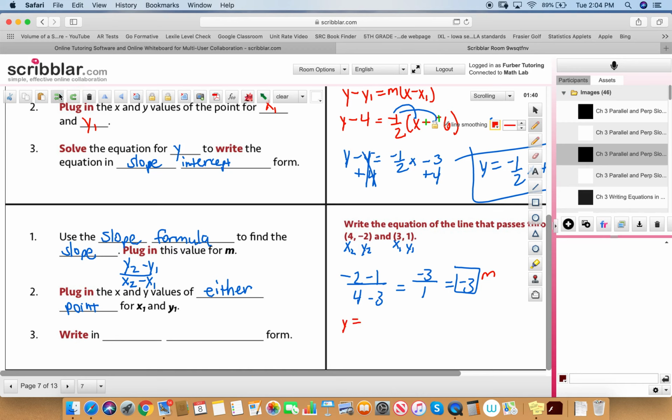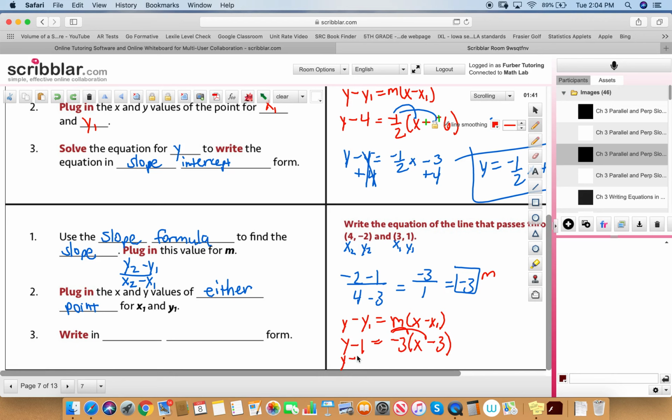y minus y1 equals m times x minus x1. So I'm just going to replace the y1 with a 1. The m I already found, negative 3, x minus, and then x1 is 3. So from here, I just have to do my distributing and simplify.